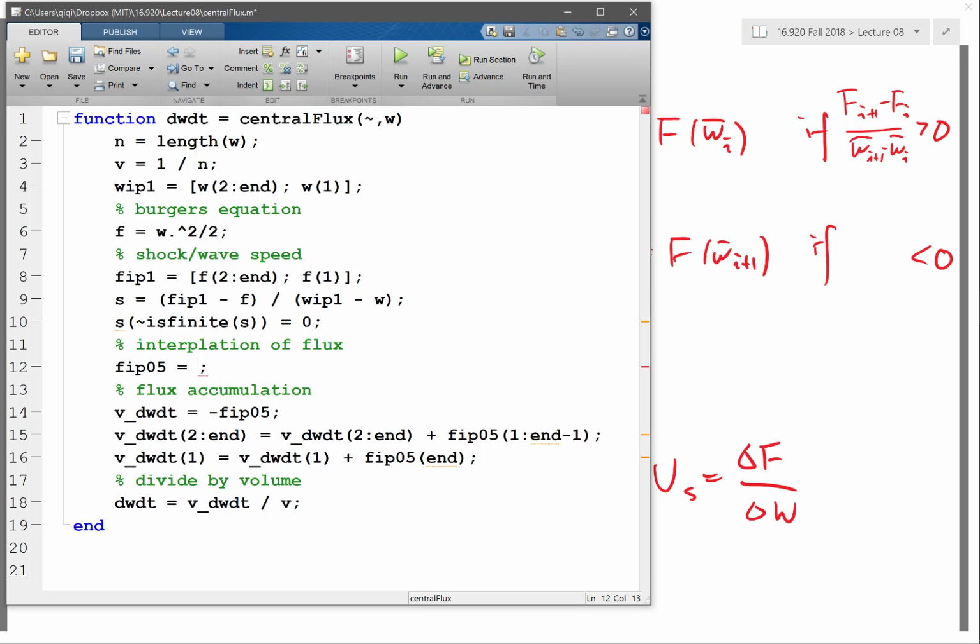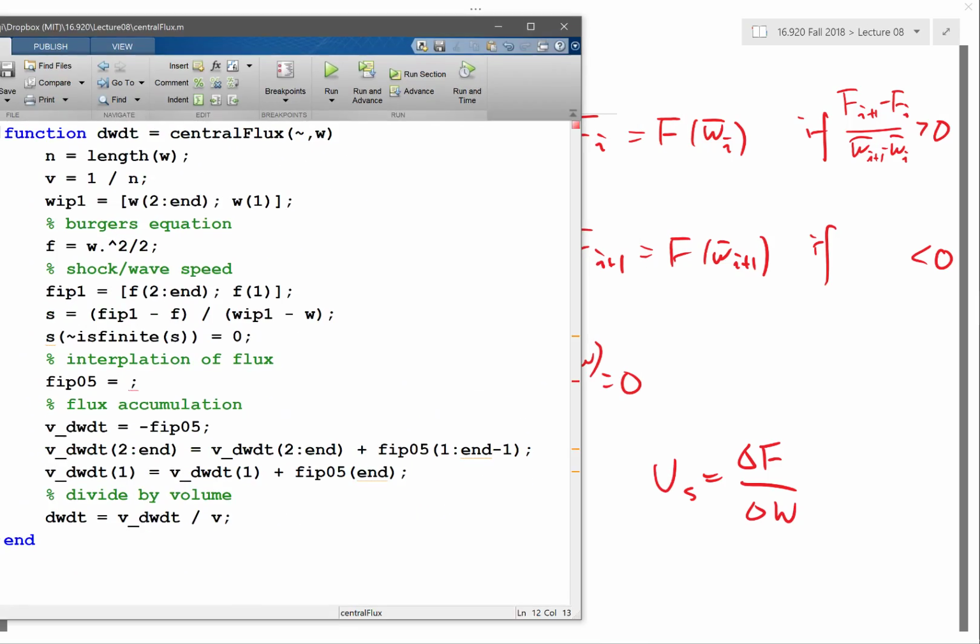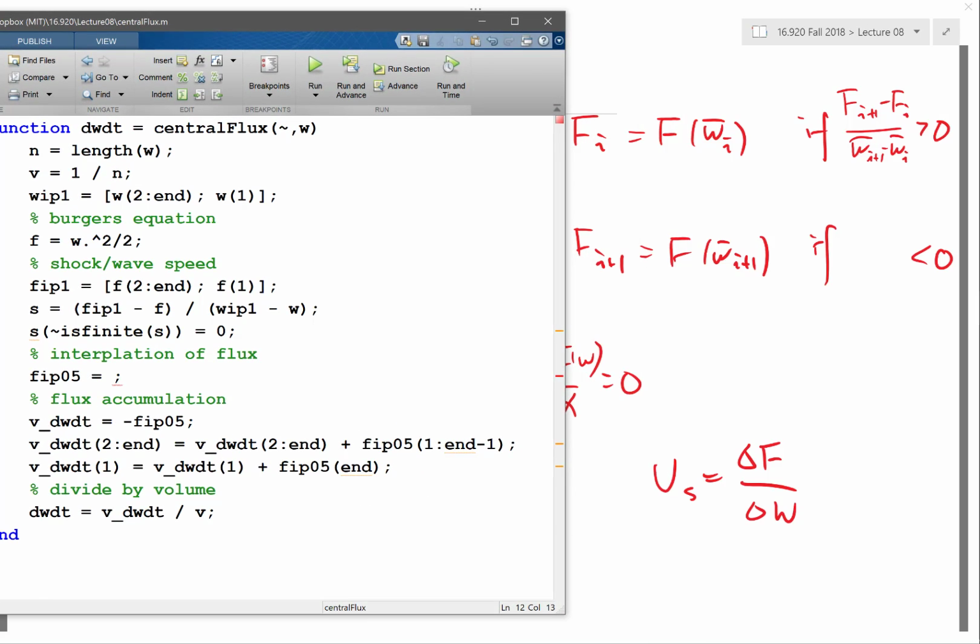So let me just set this as F_{i+1}. Okay, so let me actually look at the formula here. I would be taking F_i if the speed is positive, and I would be taking F_{i+1} if the speed is negative.